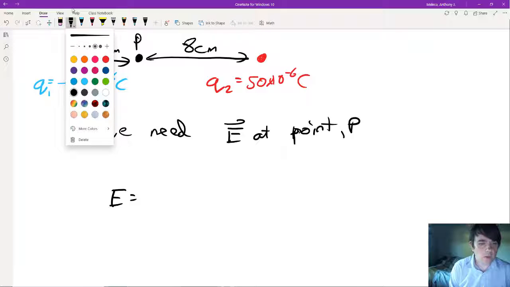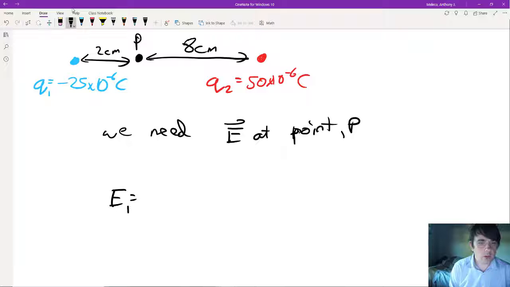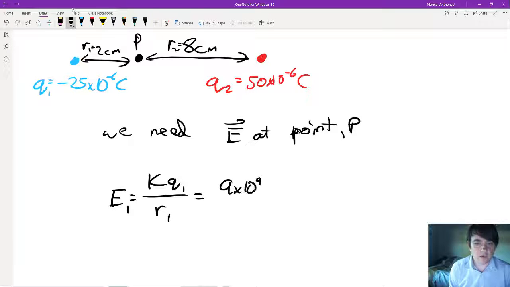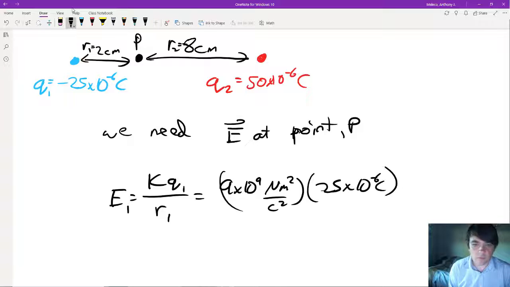So E1 is going to be K Q1 over R1 squared. So 9 times 10 to the 9 Newton meter squared per Coulomb squared. Q1 is the 25 times 10 to the minus 6 coulombs. Again, magnitude, but it'll be negative when we're doing the math on it.